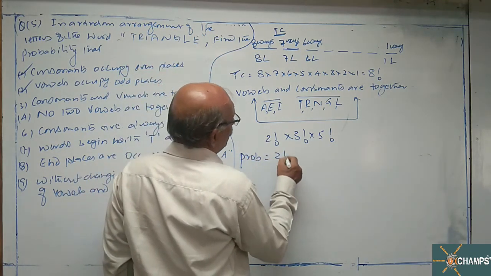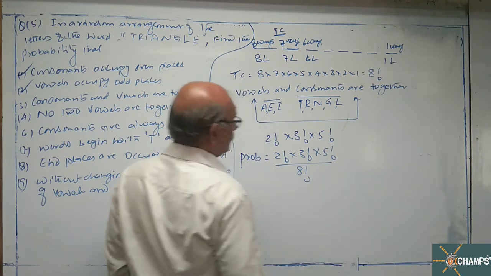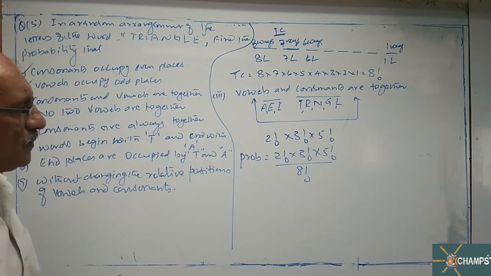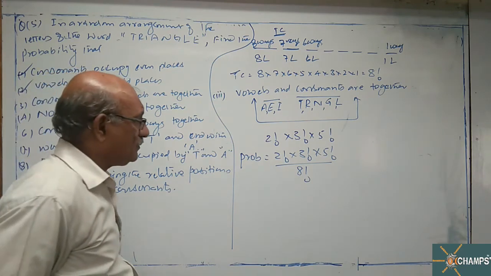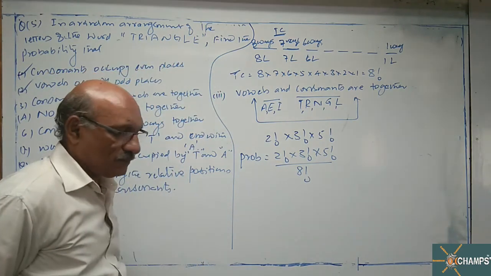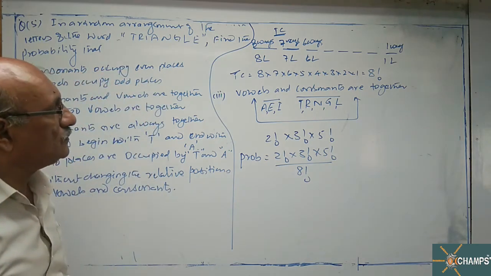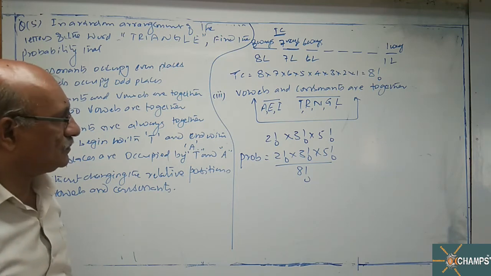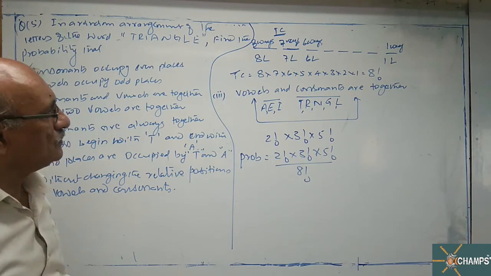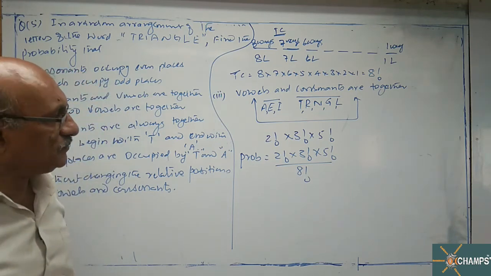So, probability is equal to 2 factorial into 3 factorial into 5 factorial by 8 factorial. Note down the solution, sir. Answer to question number 3.